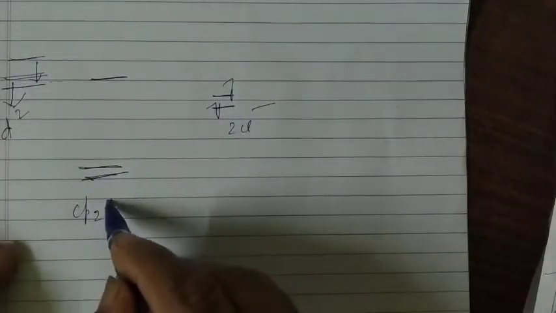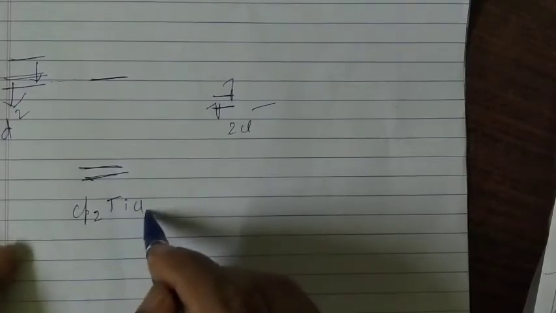In between we get the molecular orbitals of Cp2, that is of Cp2Ti, Cp2TiCl2 overall.